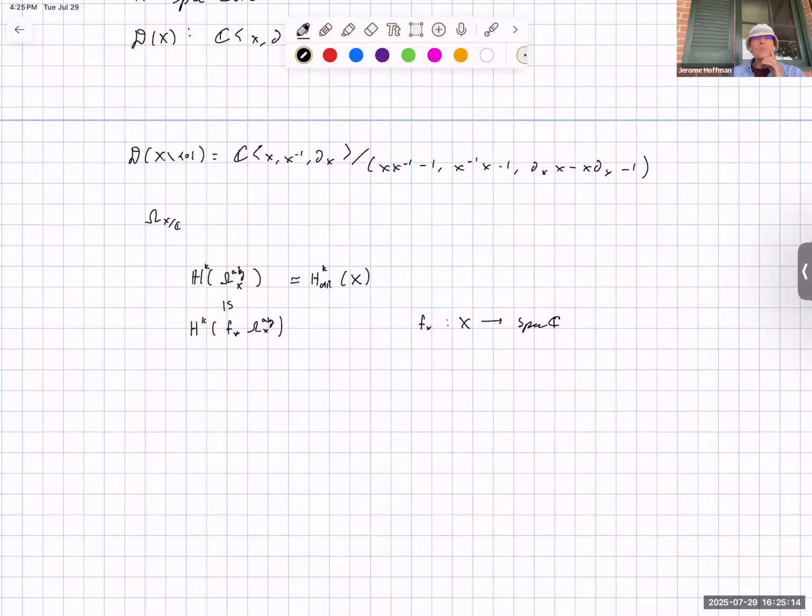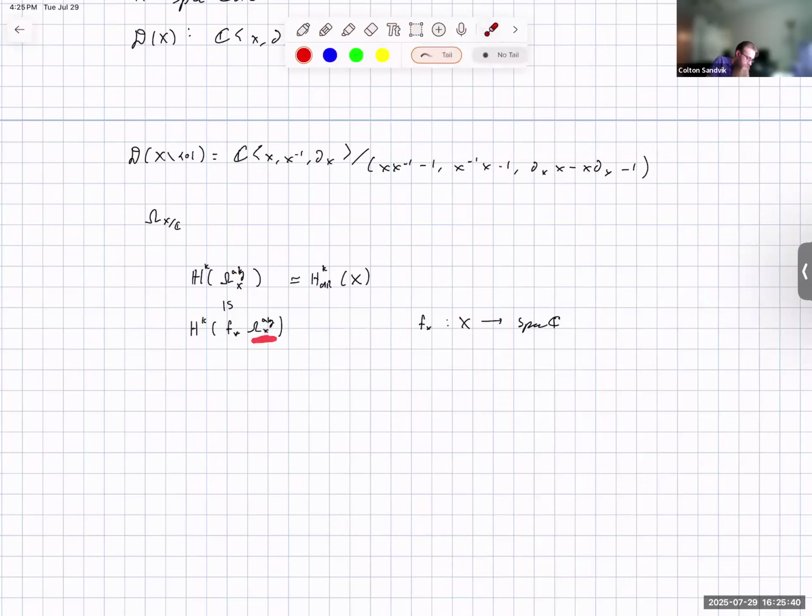Now you can express this in the language of D modules. That's possible. I think the claim should be that the algebraic, what do I want to say?